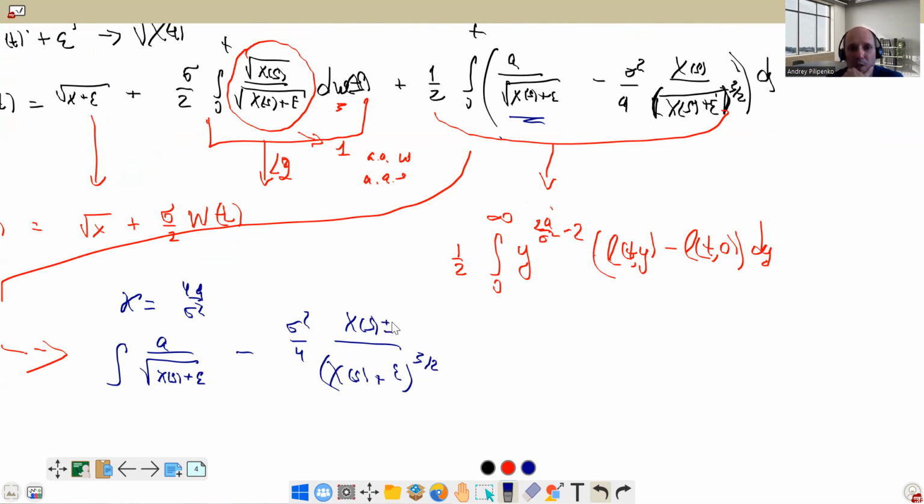Let me add and subtract epsilon. When you add epsilon, you have x plus epsilon over (x plus epsilon) to the power 3/2.